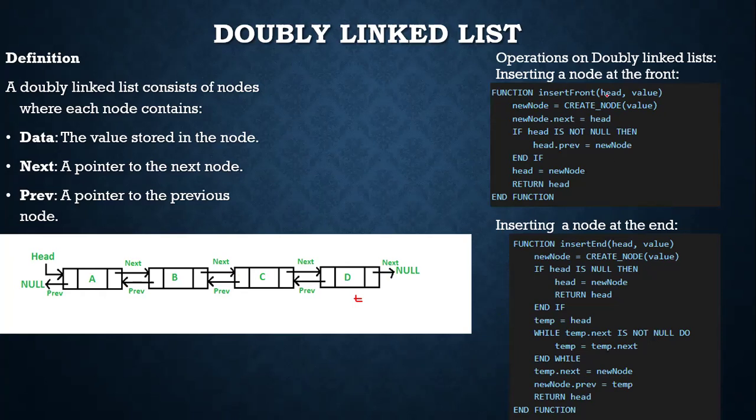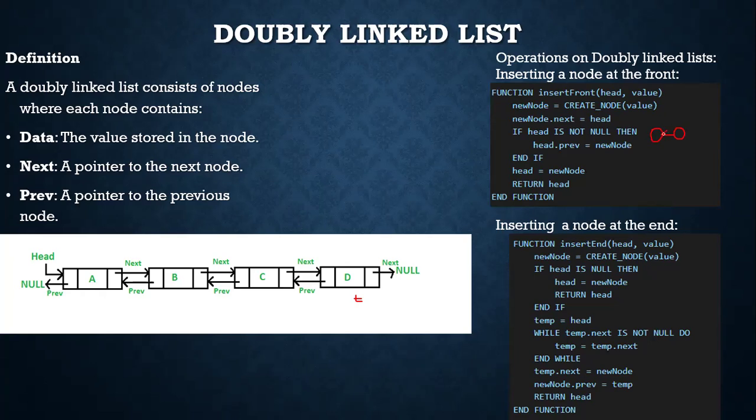So here, insert front: head, new node equals create node. So here we create a new node. The new node's next is equal to the head. Now, if the head is not null, meaning that we don't have an empty list, then head.previous is going to be equal to new node. All we're saying is, here we've got the node, and if the head is not null, then head.previous is going to reference this guy here.